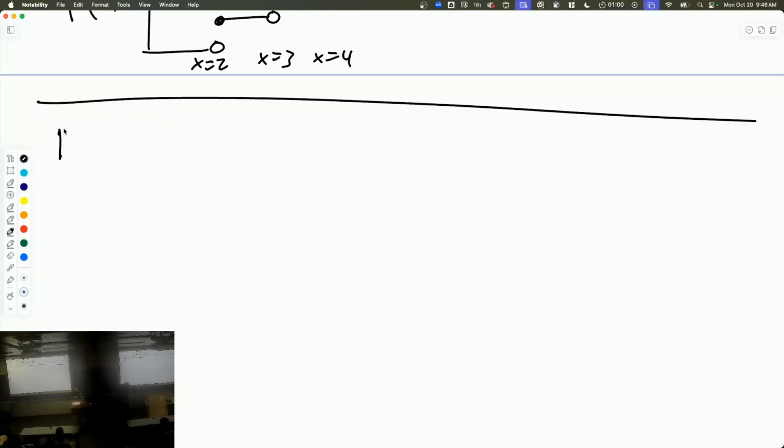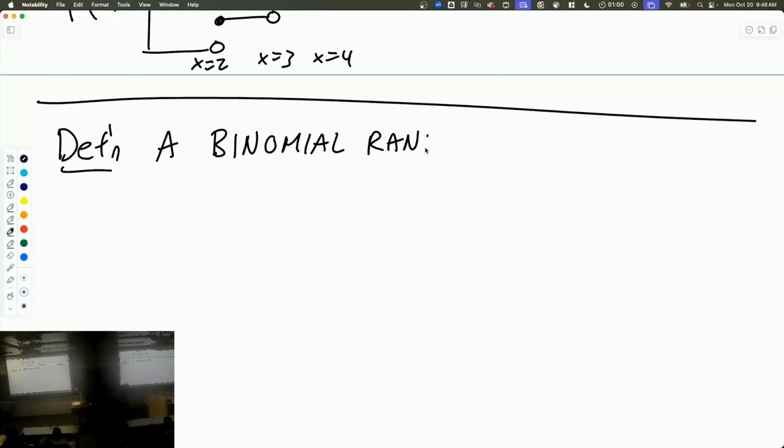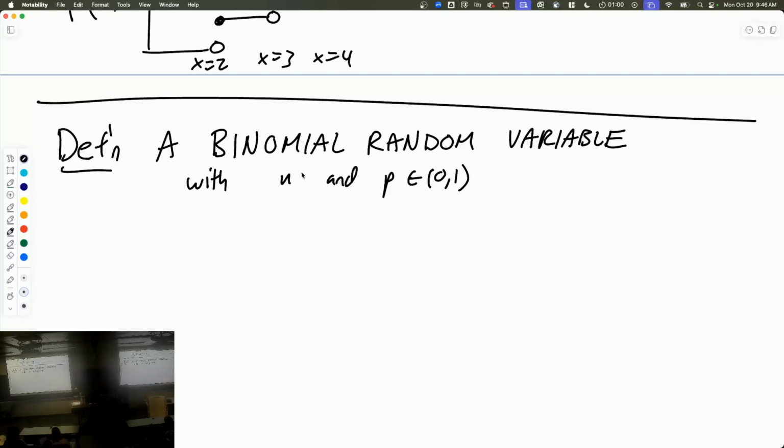So here's my definition. The definition: a binomial random variable with parameters n and p. So p is a number between 0 and 1. n is some natural number.